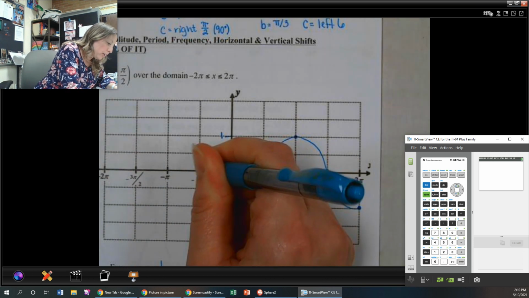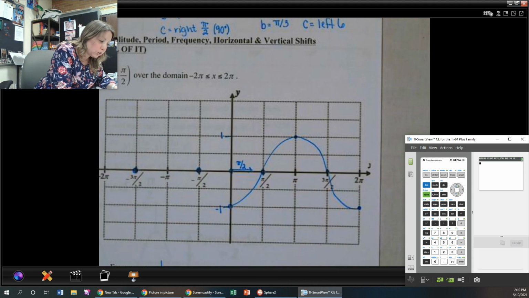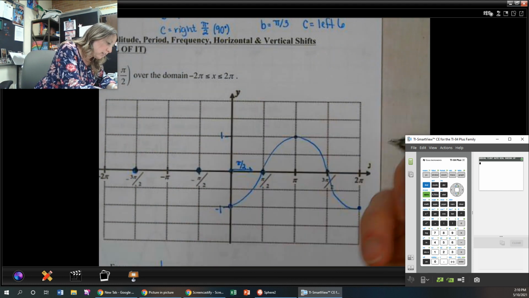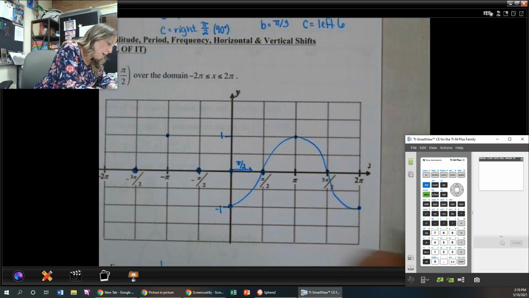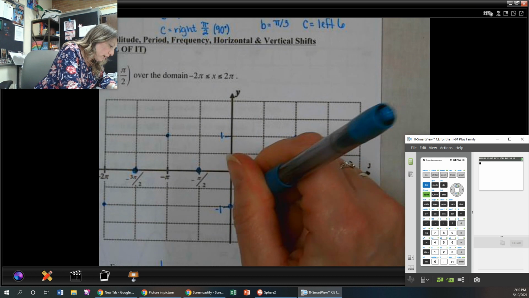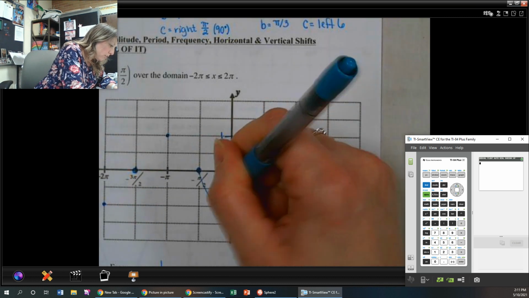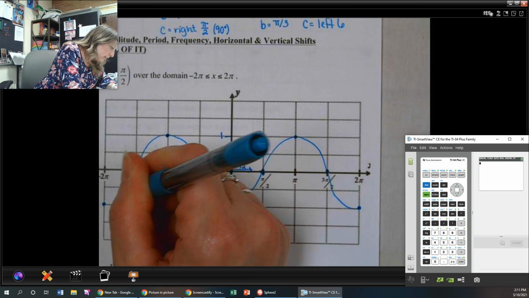So that means that my zeros just kind of made it to the pi over 2s instead. And my maxes ended up at the pi's, and my mins ended up at the 2 pi's. Now head backwards with it. And what does this look like once I get it all on here?